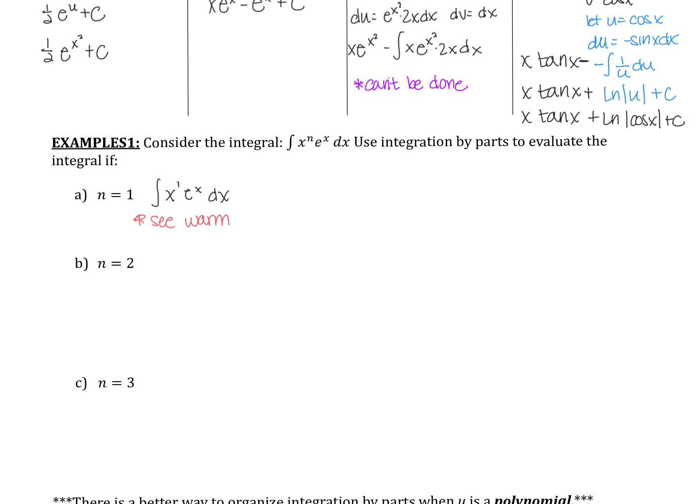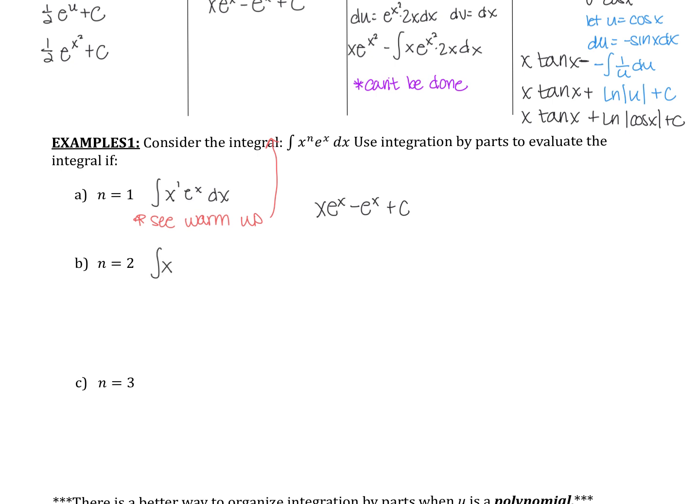We already know from the warm-up, although I could use integration by parts quickly, we know that using integration by parts, we get x e to the x minus e to the x plus c. What I want to see now is how that changes as the n value goes up.